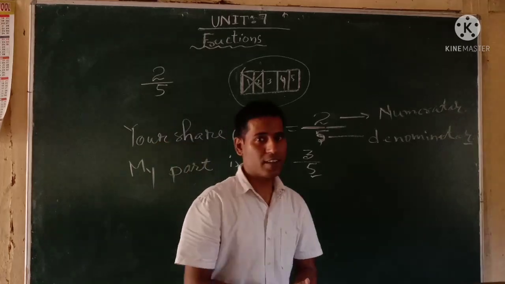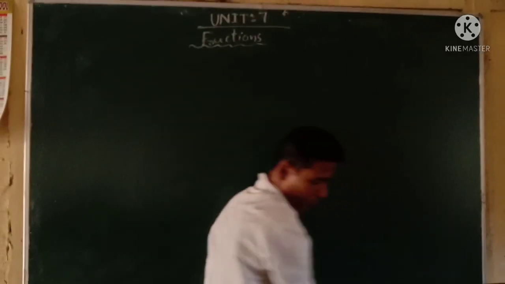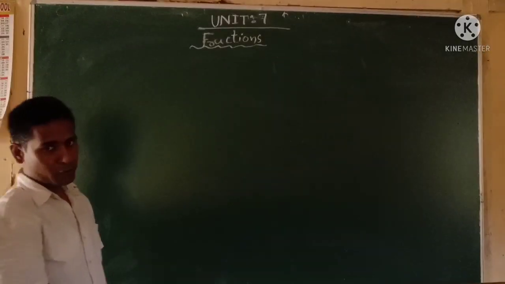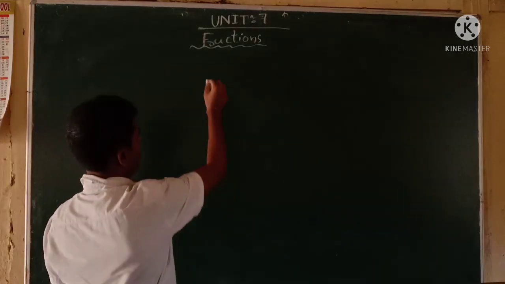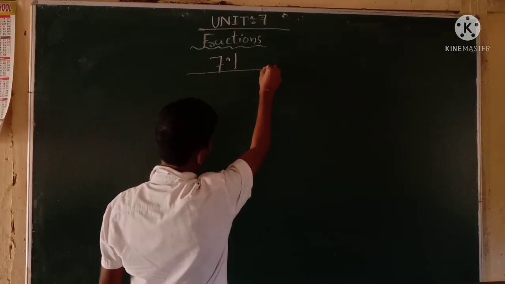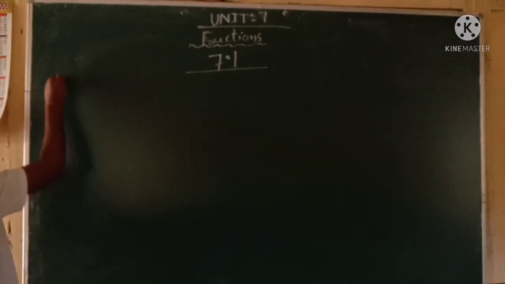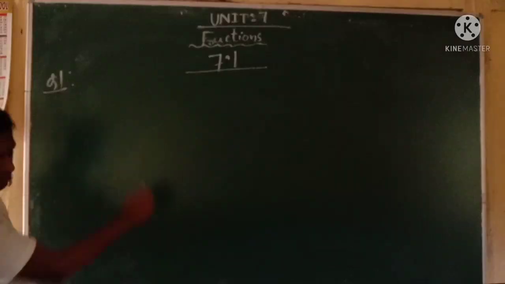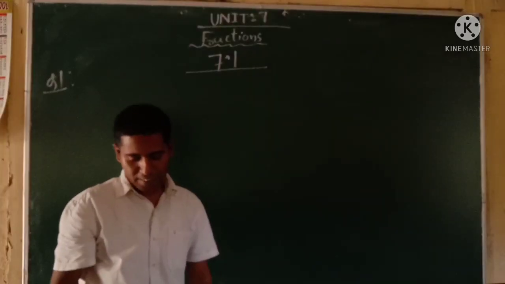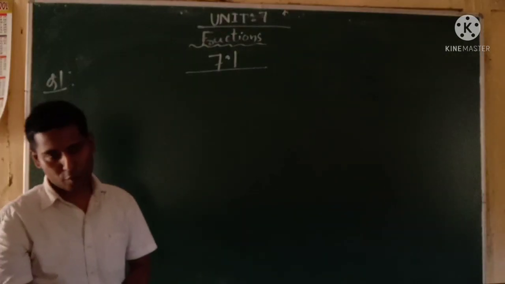Now let us proceed to exercise 7.1. Question number 1: write the numerator and denominator of each of the following fractions.